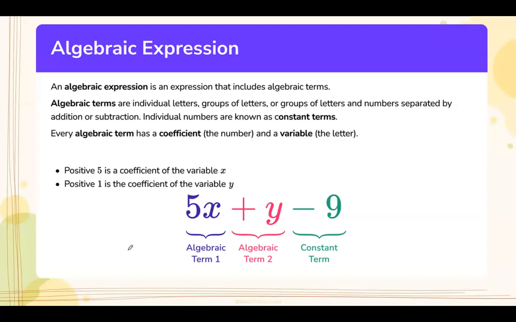And you have a 9, which is a constant. So that's what an algebraic term is: having a coefficient, the number that precedes the variable, and then, of course, the letter is your variable. We'll be dealing more with algebraic expressions in our discussion.